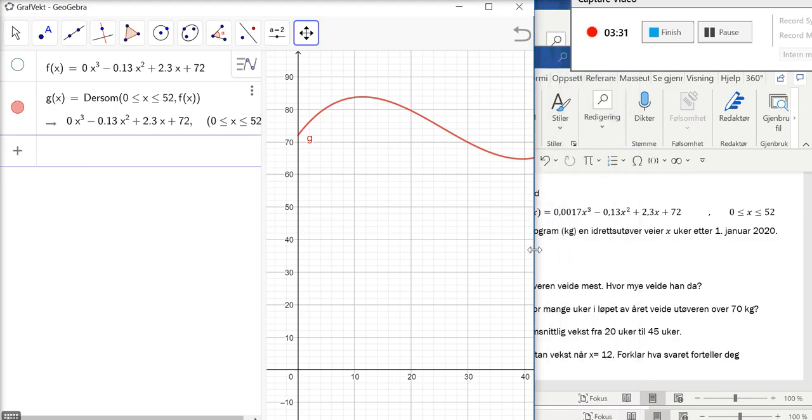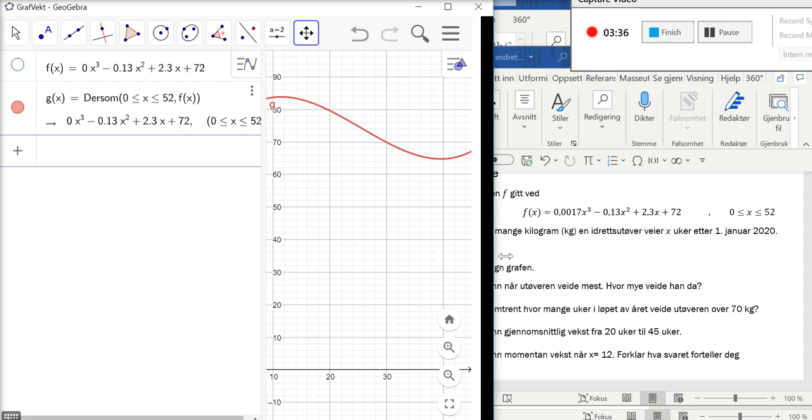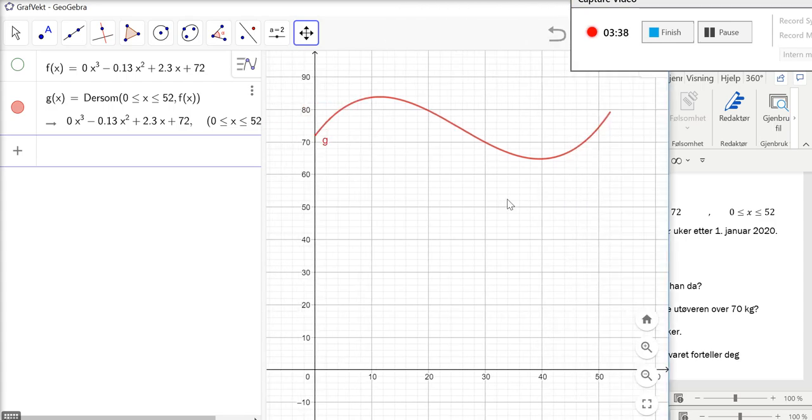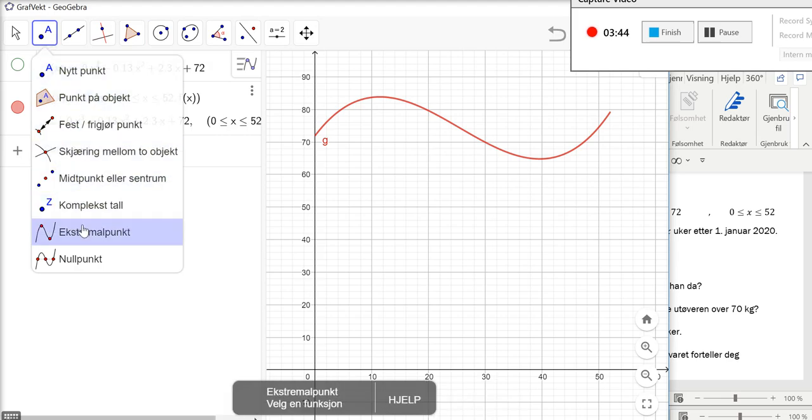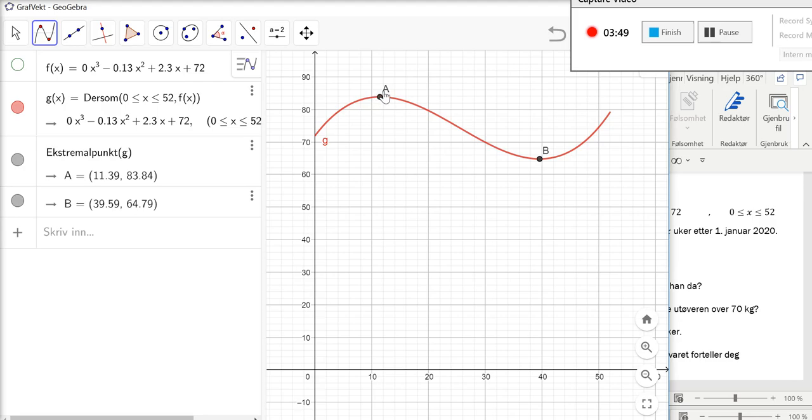And the next question here is: find when the athlete weighed the most. How many kilograms did he then weigh? So we need to find the extreme point here, the maximum point, and then we can press point here and extremum, and just press the graph, and we get these 2 points, right?